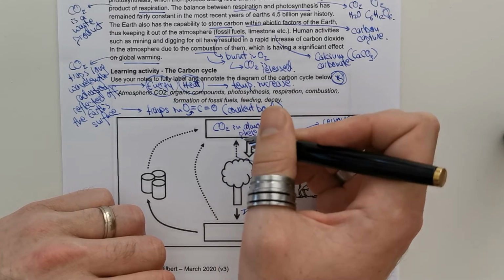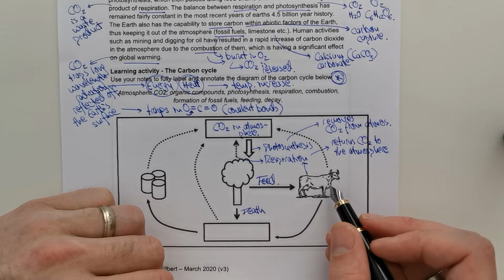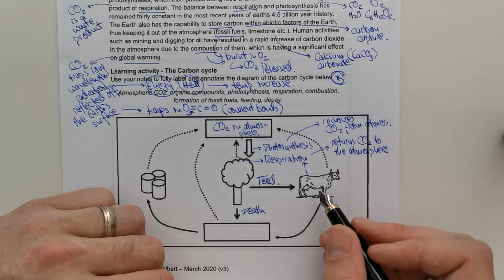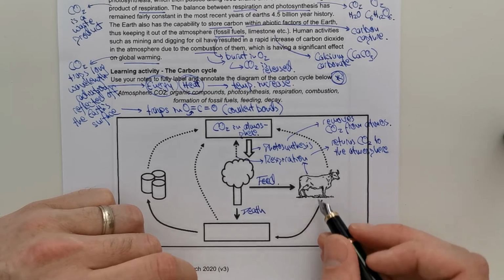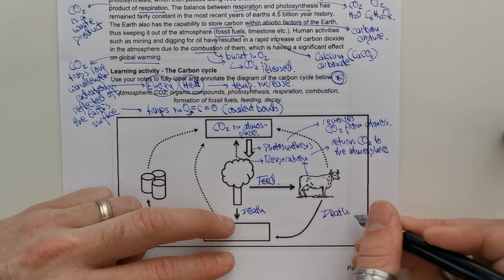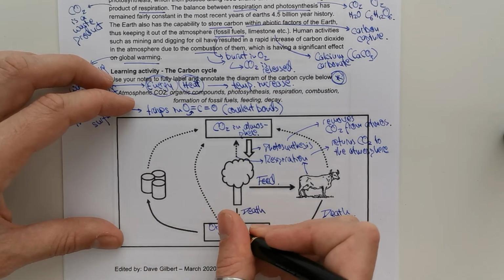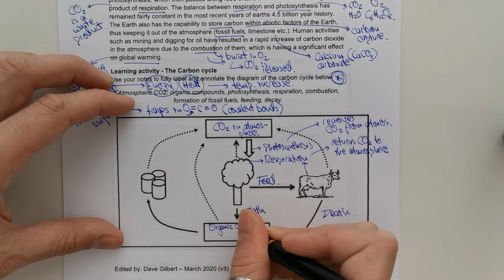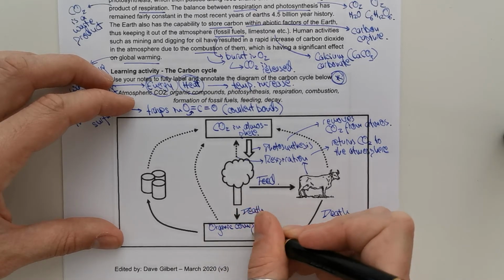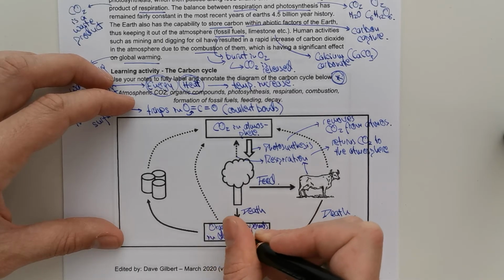How does the carbon dioxide that's in a living organism get into the ground? Dies. Now, lots of carbon in organic compounds in dead organisms.